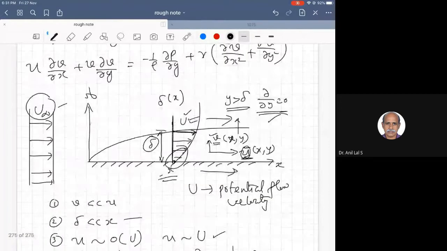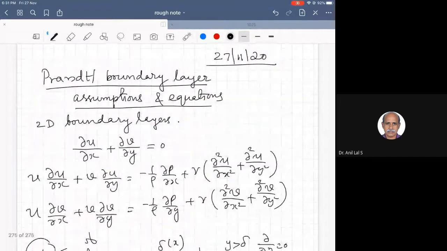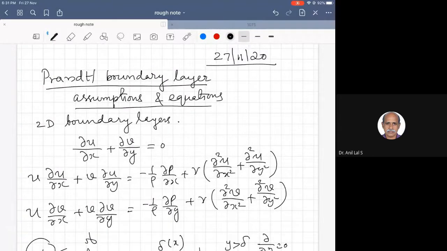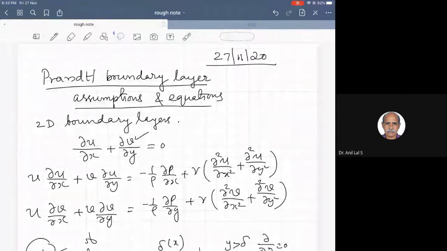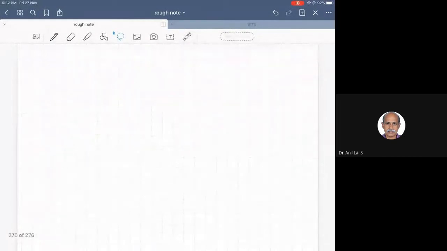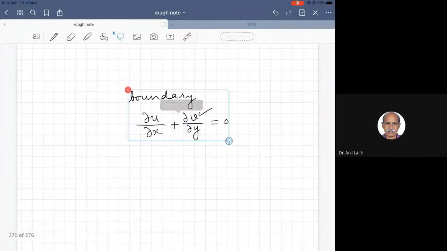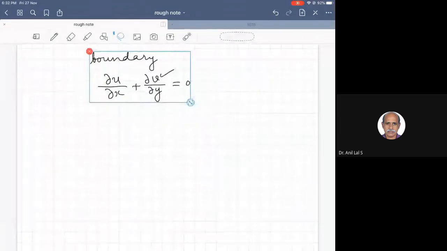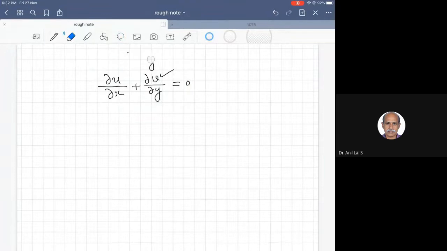So now we'll see the first equation and do an order of magnitude analysis to see how v scales. We'll take the continuity equation first, and perform an order of magnitude analysis based on the assumptions about the boundary layer, which I have just explained.